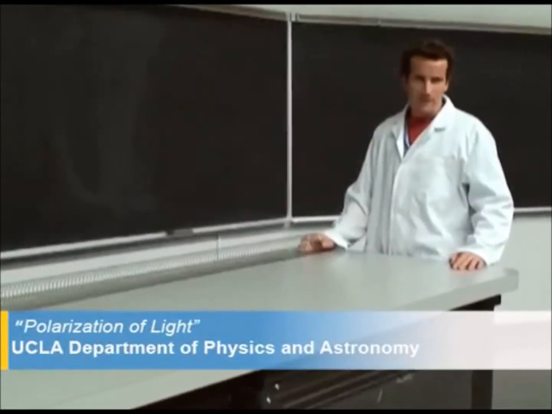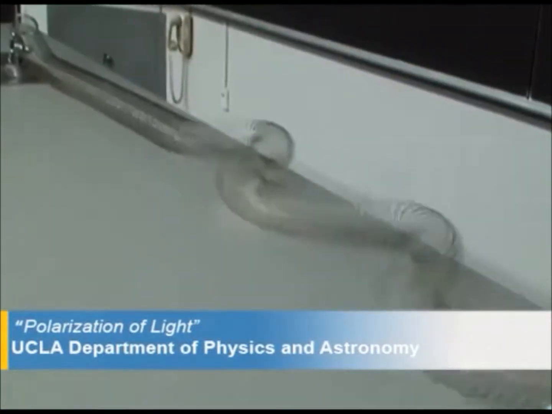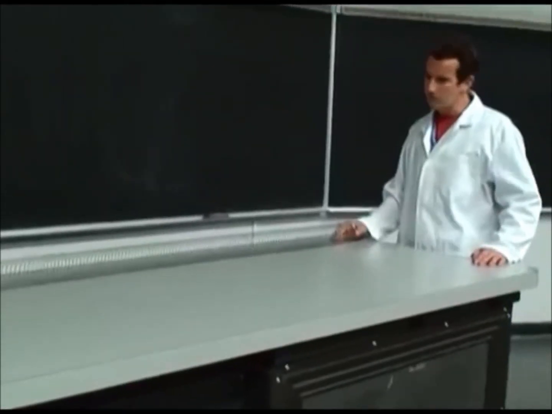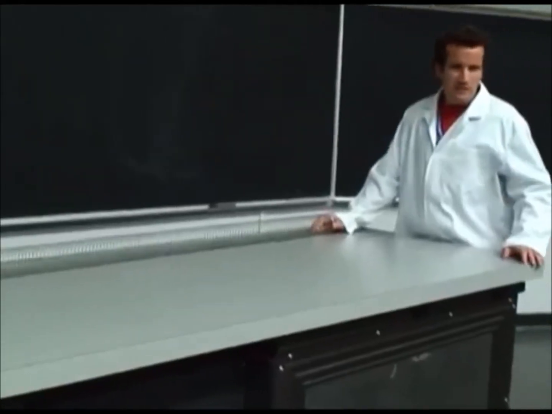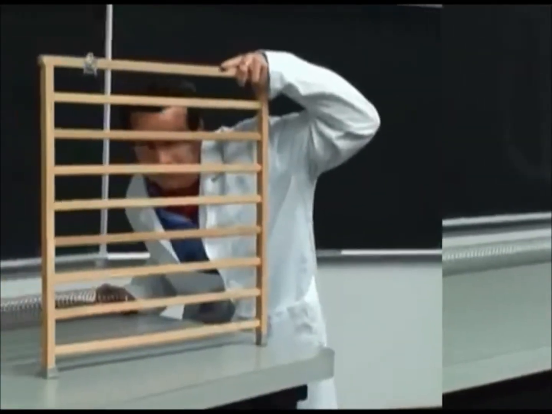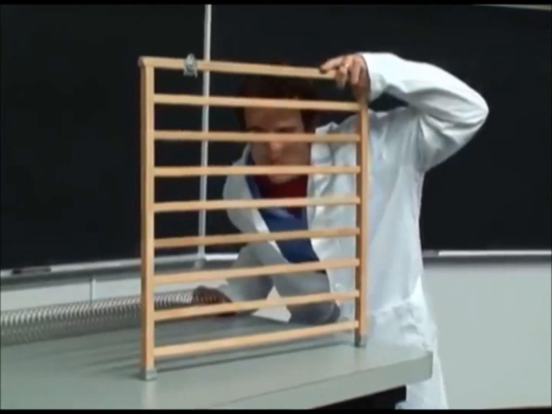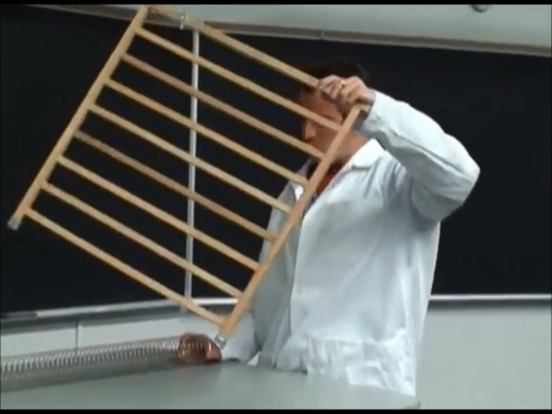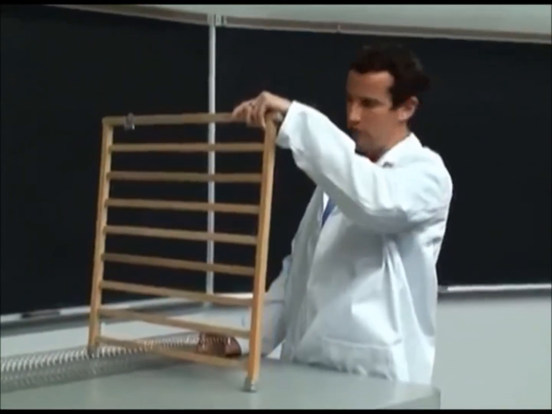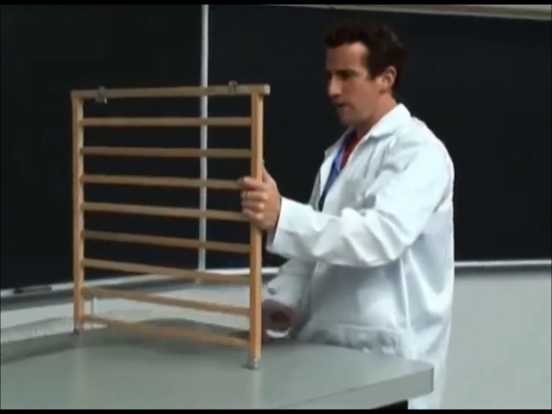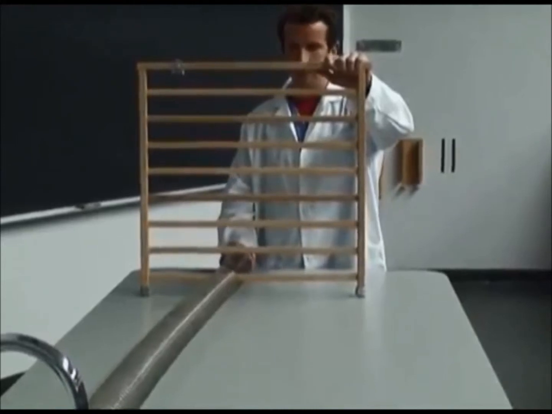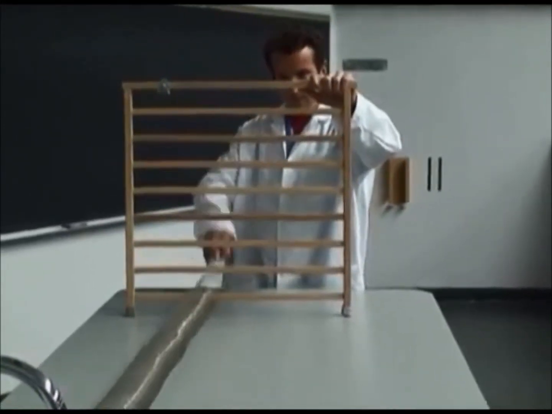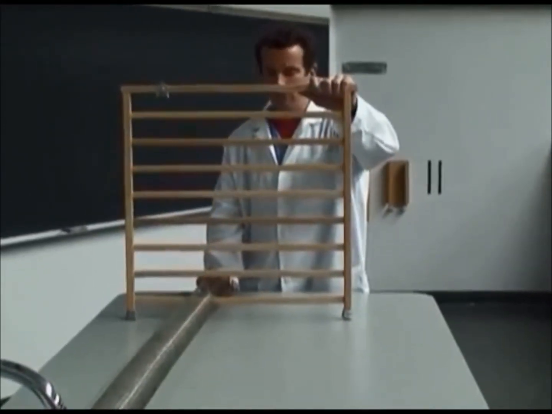Now, you might be wondering, is light a transverse or a longitudinal wave? How could we test this? This device is called a polarizer. It's designed to let waves get through in only one direction. As I send the wave out, it gets through fine that way, but this way, I can't get the wave through.